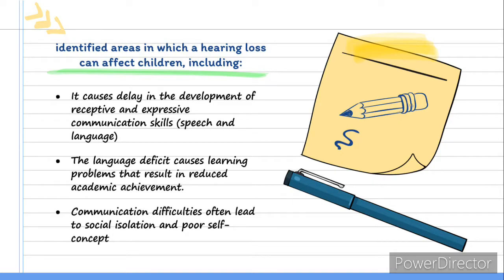And lastly, the communication difficulties often lead to social isolation and poor self-esteem. So, all in all, hearing loss can affect children's vocabulary, sentence structure, speaking, academic achievement, and social functioning.